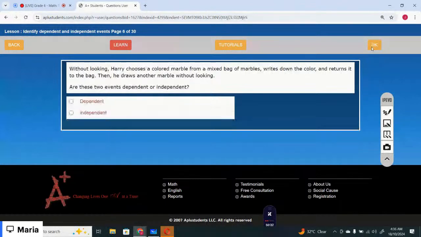Without looking, Harry chooses a colored marble from a mixed bag of marbles, writes down the color, and returns it to the bag.